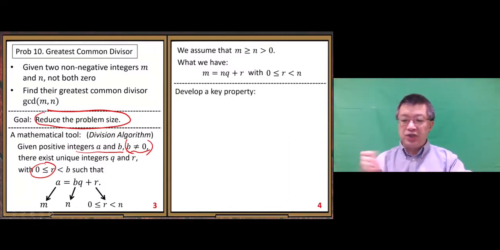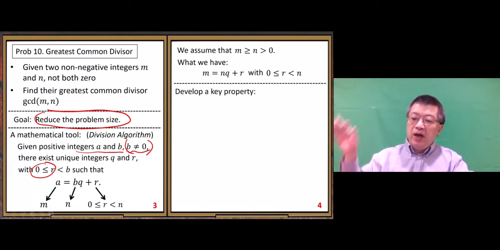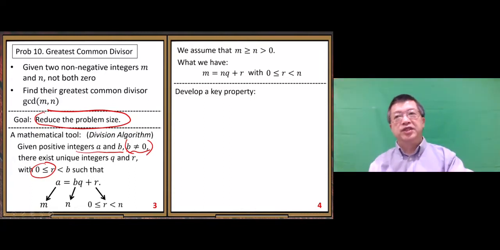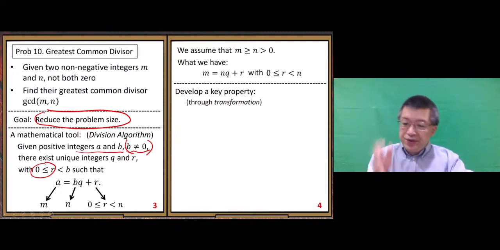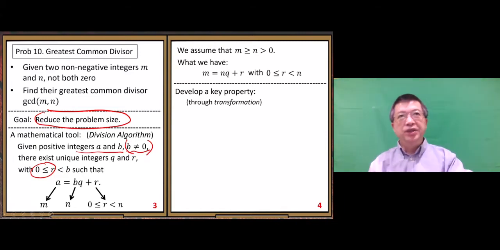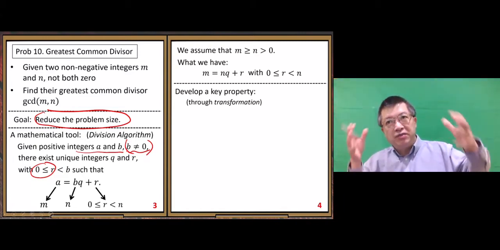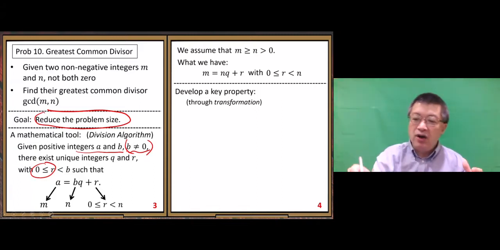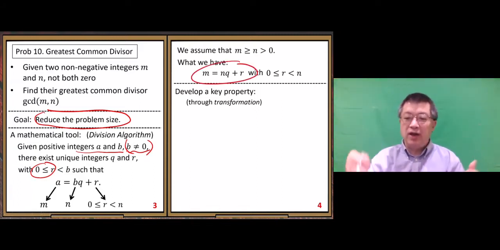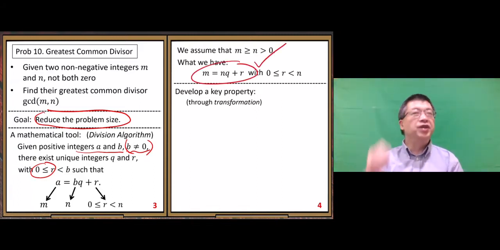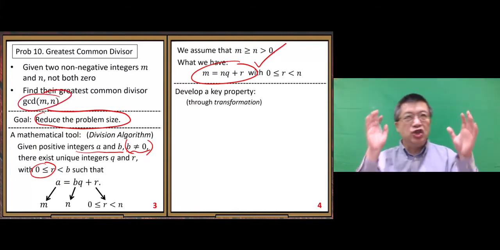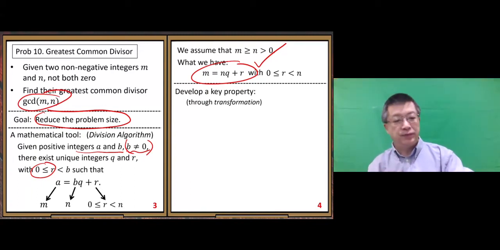Let's look at how we solve it. We develop a key property, size reduction. How do we do the size reduction? Through transformation. We need to do some special transformation on GCD. This formula we need to use in the transformation, but we do the transformation on the GCD expression. So let's do it.